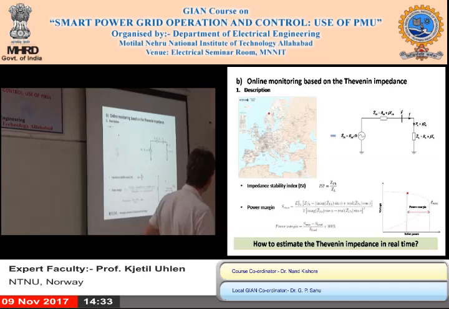So with this assumption that this is linear and that you are able to describe the network by the Thevenin equivalent, and the load is an impedance, then okay, you can find a margin.